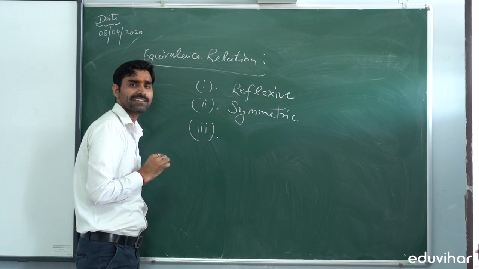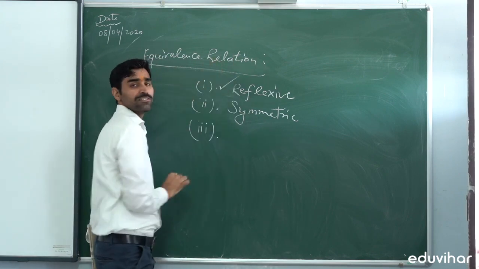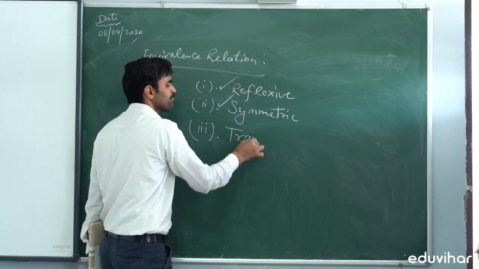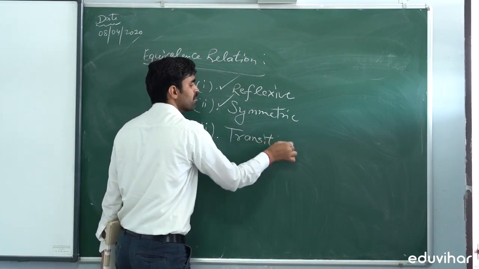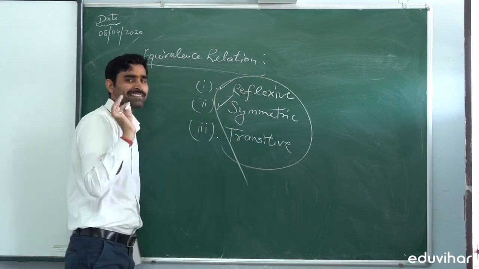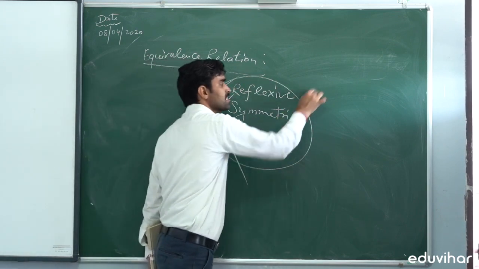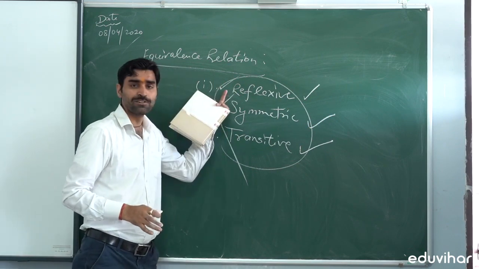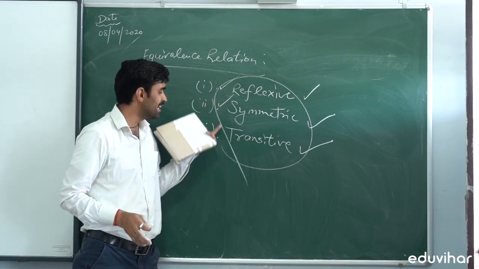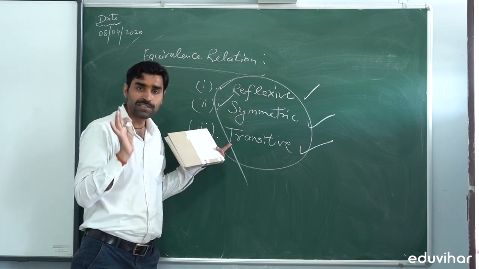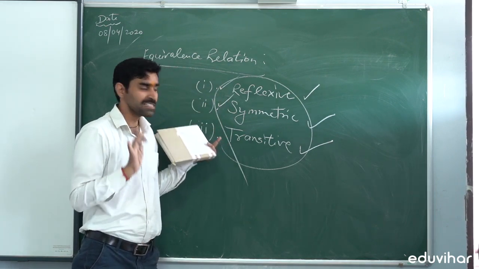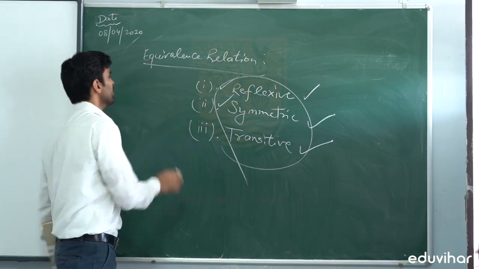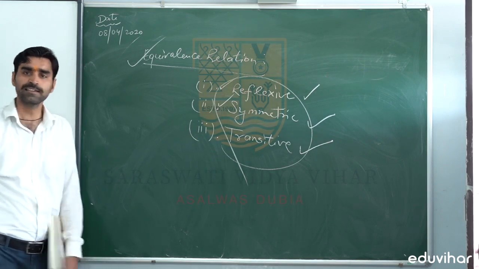If any relation satisfies all of these three properties, that is, the relation must be reflexive as well as symmetric as well as transitive, then that relation must be an equivalence relation.